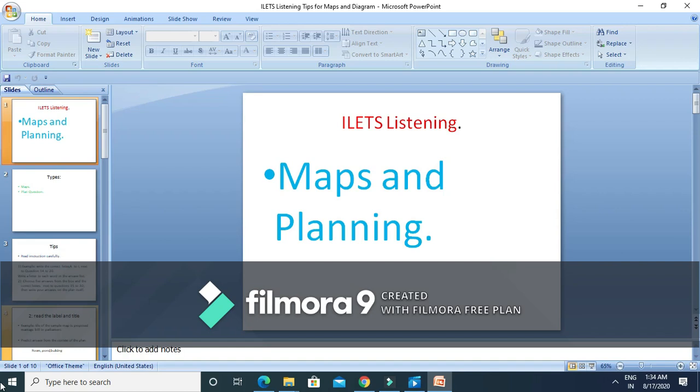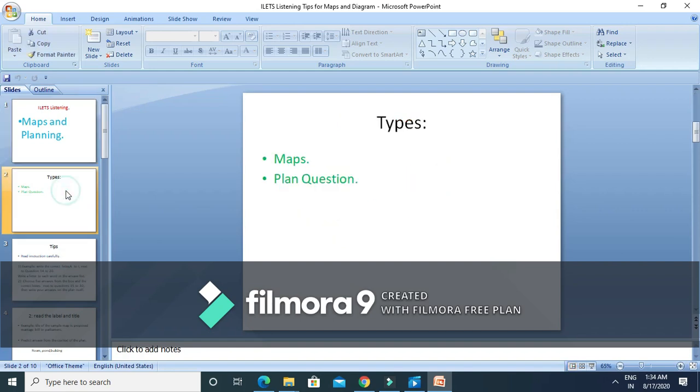In maps and planning, there are basically two types of questions. Questions may come from maps, or they may come from a plan.